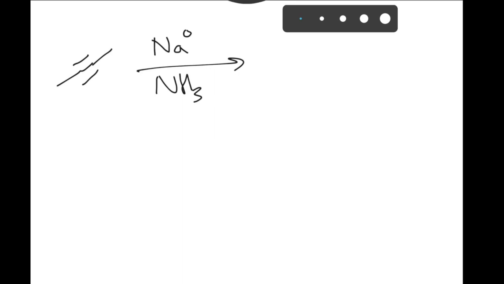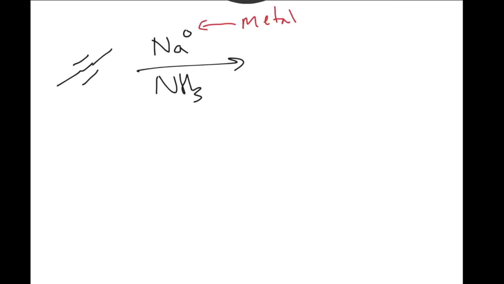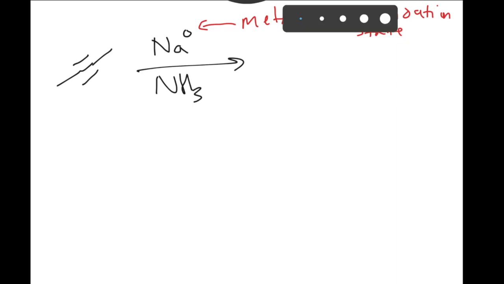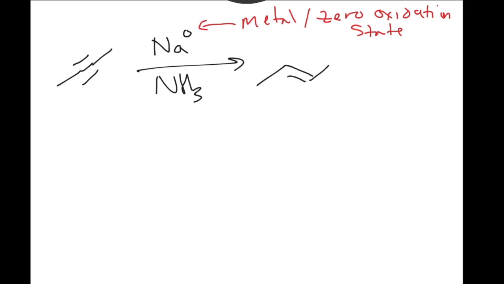So I have this little 0 here, and that 0 is just indicating that it's the actual metal. It's in the 0 oxidation state. So it is just legitimately sodium metal. And you put it in ammonia, and that will always make the trans double bond.